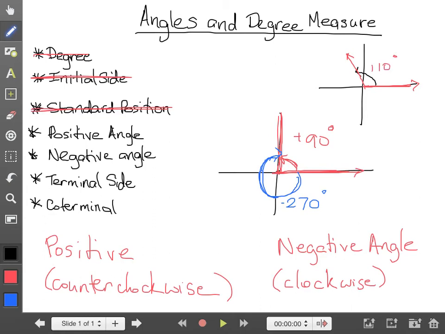It's a positive 110, because it is going counterclockwise. But if I went the other direction, it would be 360 minus 110. Therefore, it would be 250 degrees, but negative because it is going clockwise. All right, so that's how positive and negative angles work.